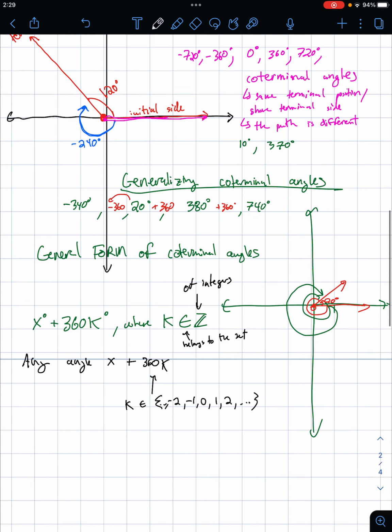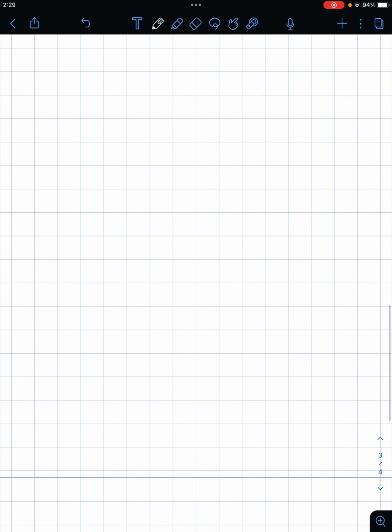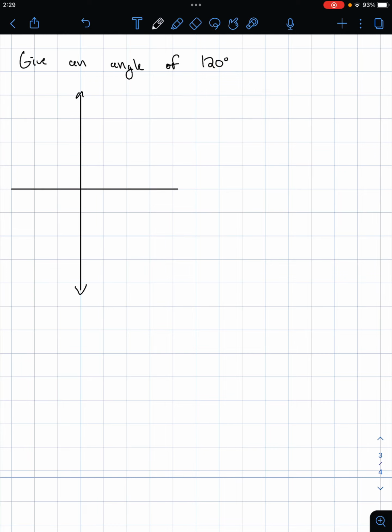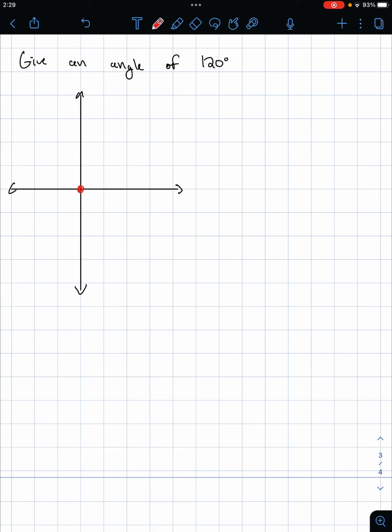Okay, so I'm going to give us one more example. Say I give you an angle of 120 degrees, and say we want to graph this in standard position. So I'll draw my axes, and I'll draw my vertex on the origin.